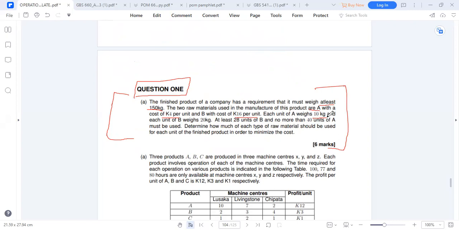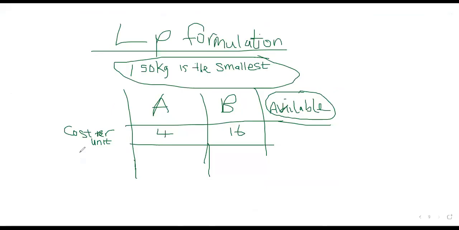So A is 10 kg, B is 20 kg. So for weighing, this one is 10 kg, then B is weighing 20 kg.